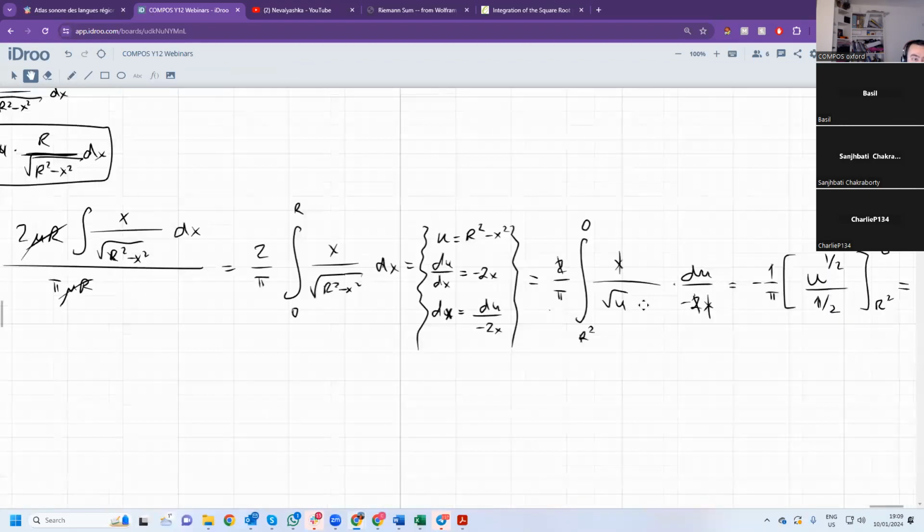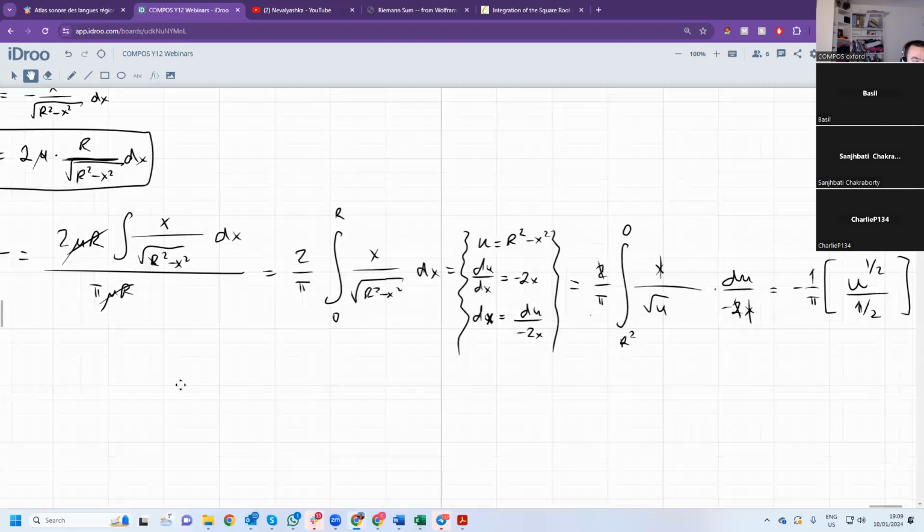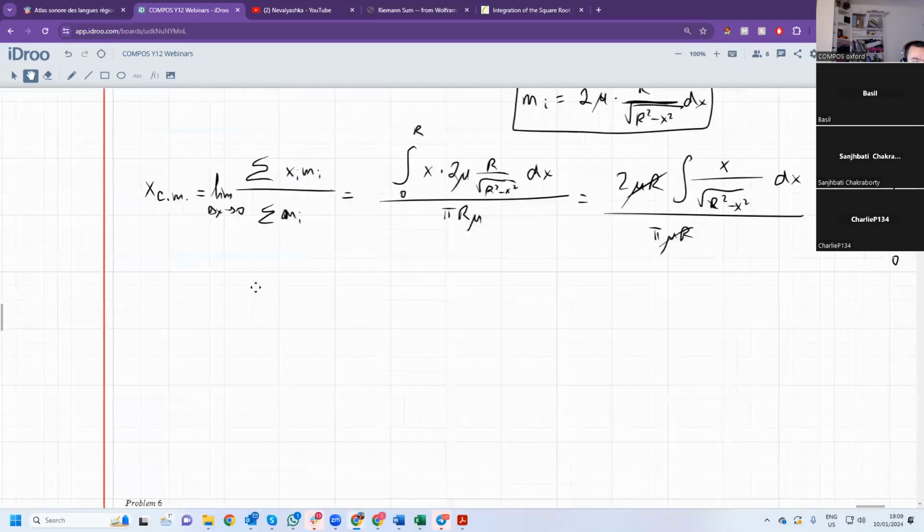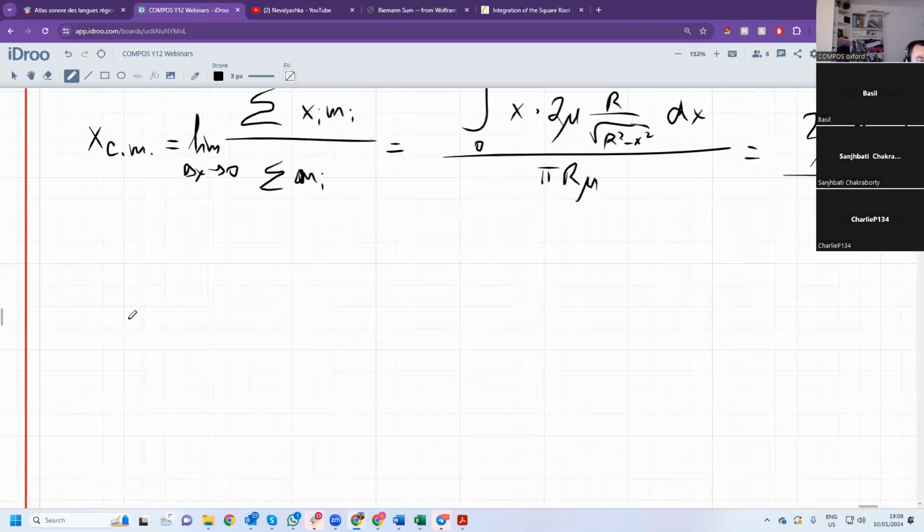This is the result. So if you have a hula hoop and you cut it in half, the center of mass is here, where this is the center of the circle. This is 2r divided by pi.